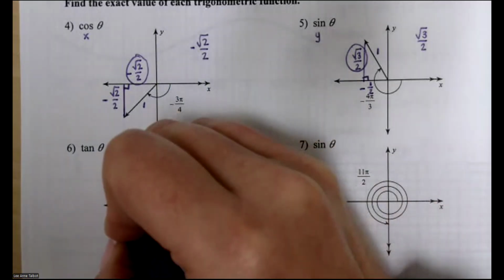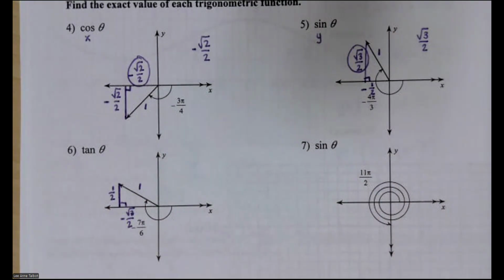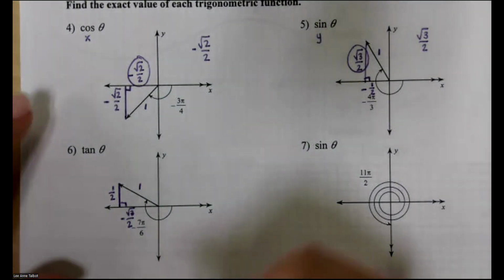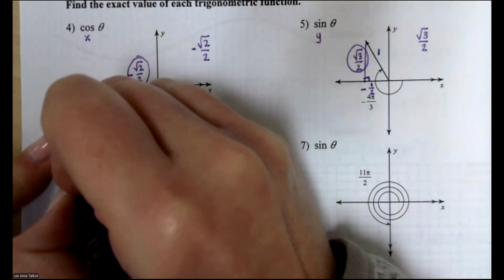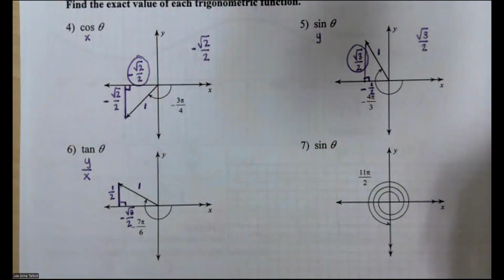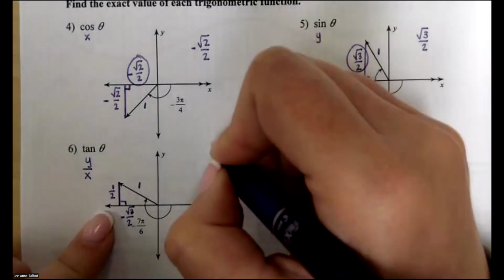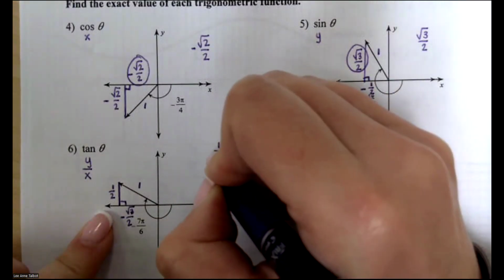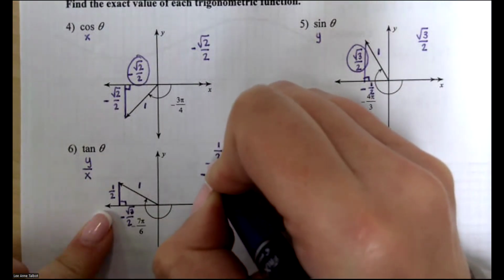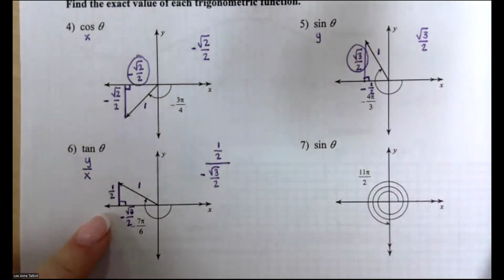Quadrant 2, so the x is negative. Okay, and then I'm going to remind you tangent is y/x. So 1/2 over negative √3/2.